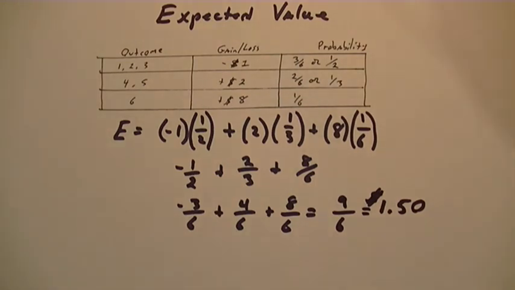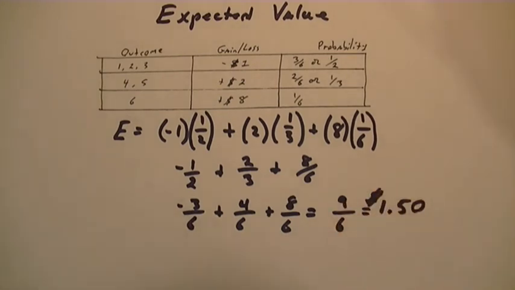Now that's more than the dollar you're spending, which means that in the long run, you should come out ahead playing this game. If you played this game 20 times, you should walk away from the table with more money than you had to pay to play the game. Now, notice that in any particular game, there's no way for you to come out ahead by $1.50, right? There's no way for you to walk away and say, oh, I played it once, made $1.50. That won't happen, and that's not what this is telling you.